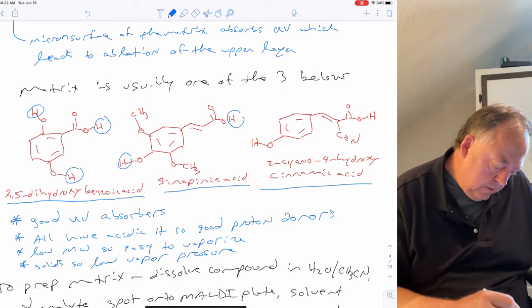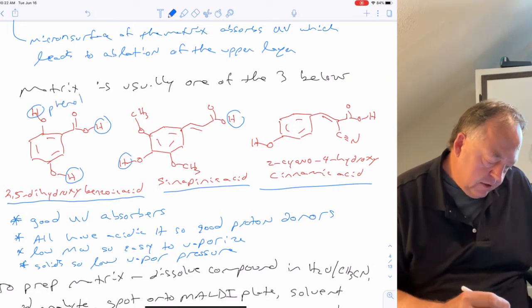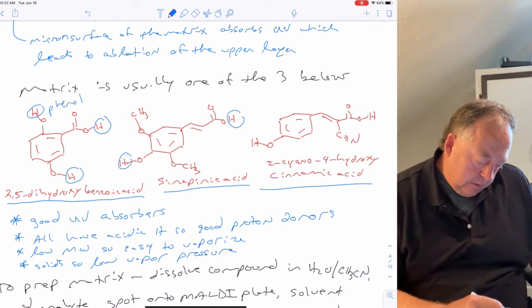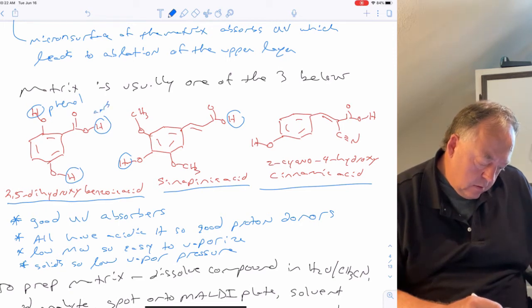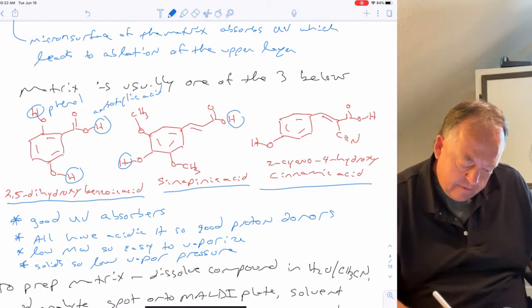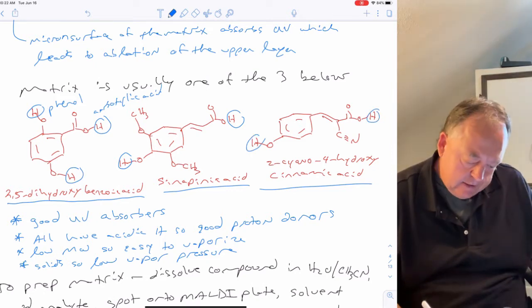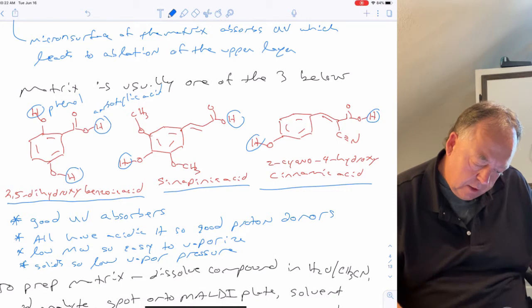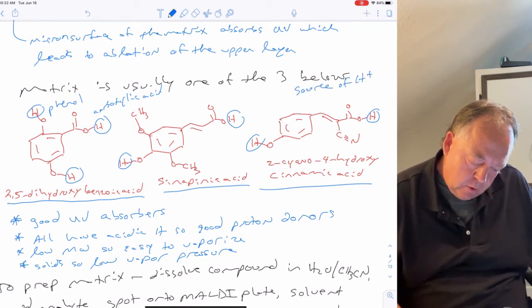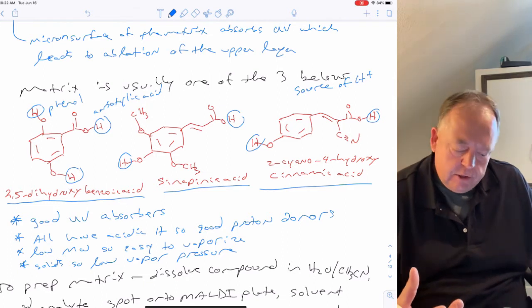Right, phenols are acidic, and carboxylic acids are acidic. So they all have phenol and carboxylic acid, so that provides a source of protons in order to get your molecule positively charged.